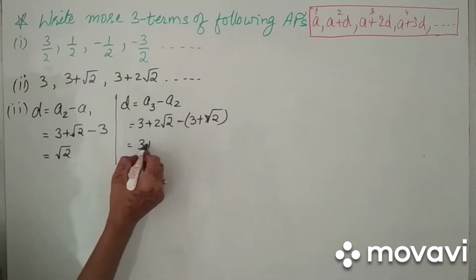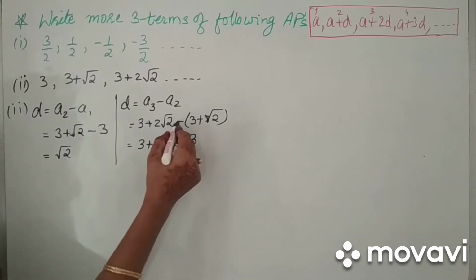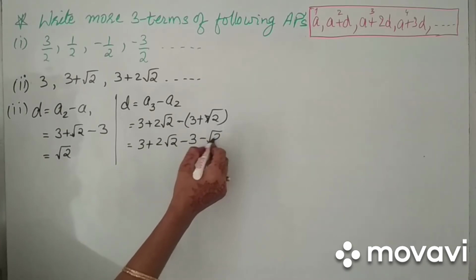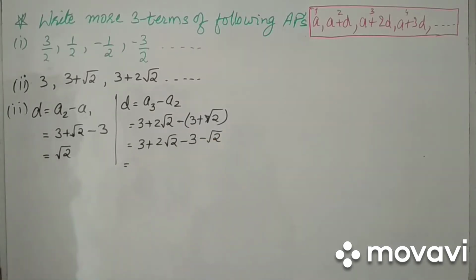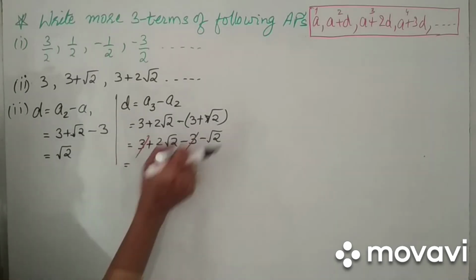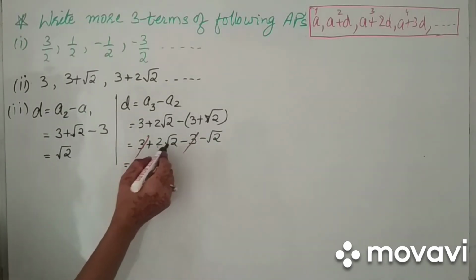Open the bracket: plus, minus 3, minus plus root 2. Now solve it. 3 would be cancelled as they are the same term with opposite signs. Now this is 2 root 2.